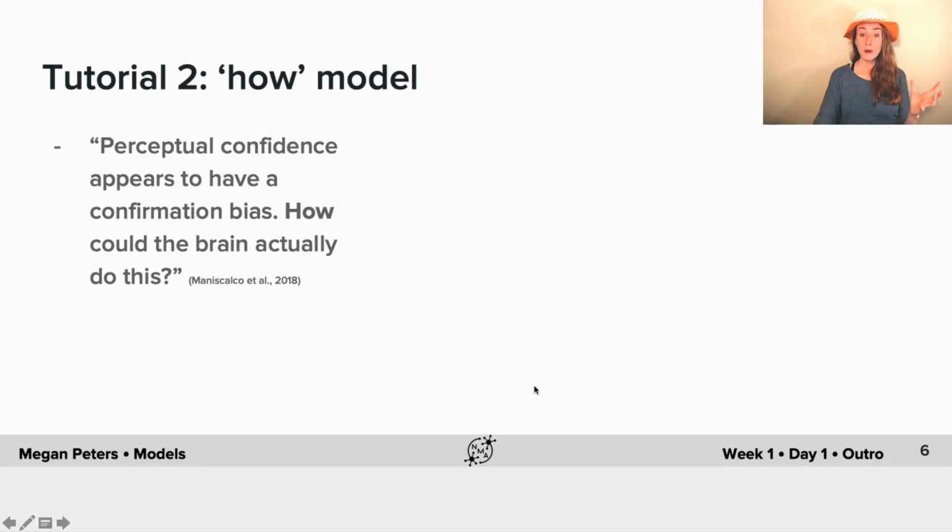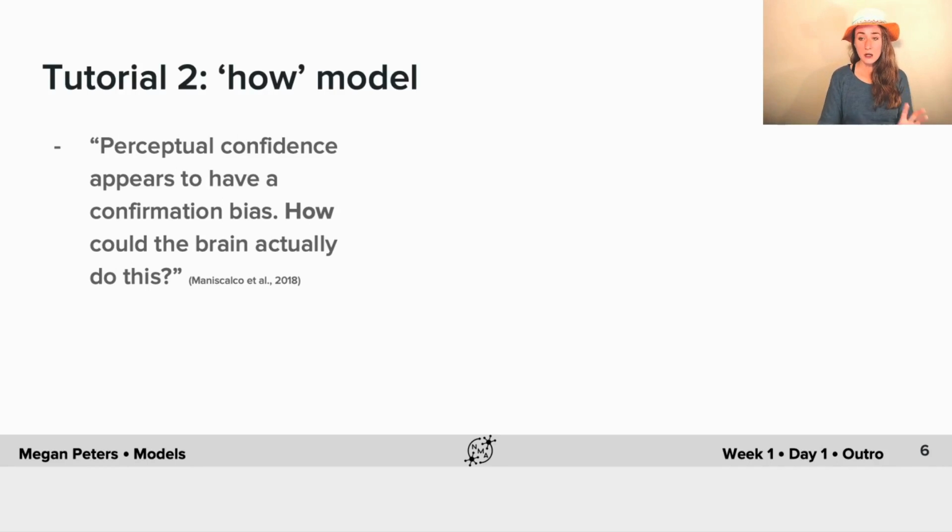So in my research, I wanted to know how the brain, this squishy wetware in your head, might actually implement this confirmation bias. So what mechanistic details would need to be in place in the system? How would different elements in the perceptual decision-making circuitry need to talk to each other to make this happen?